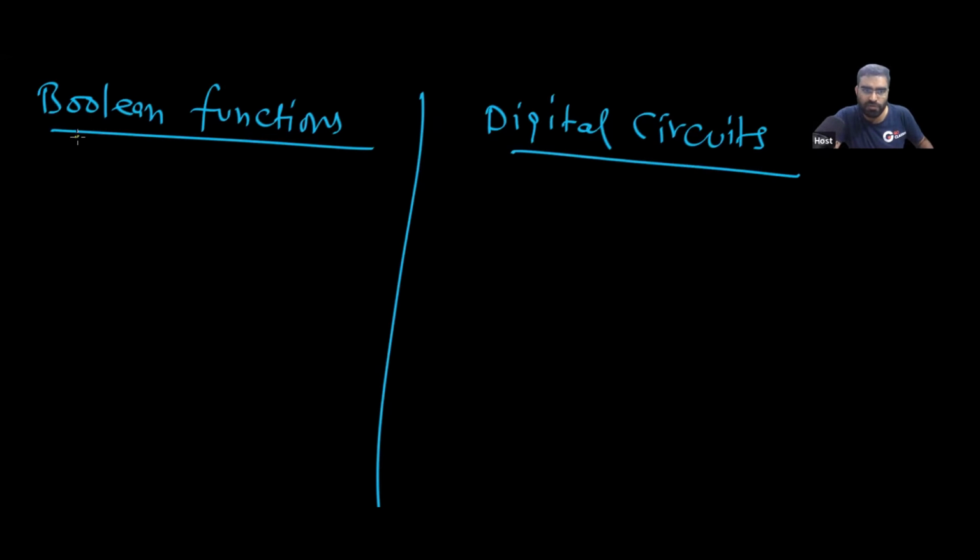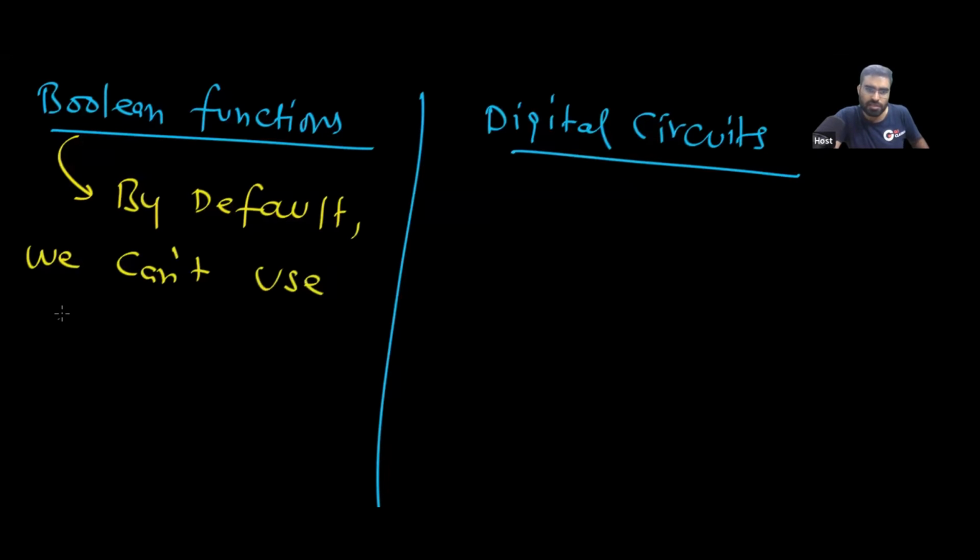So remember, when you have Boolean functions, by default we can't use 0, 1 unless they are already given.